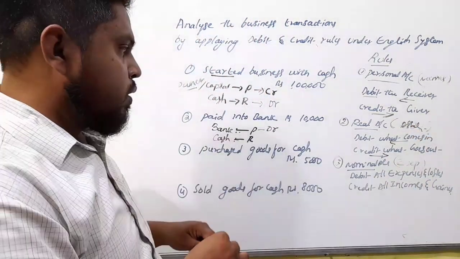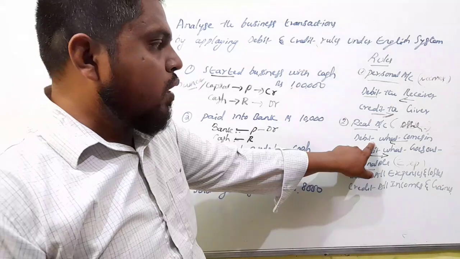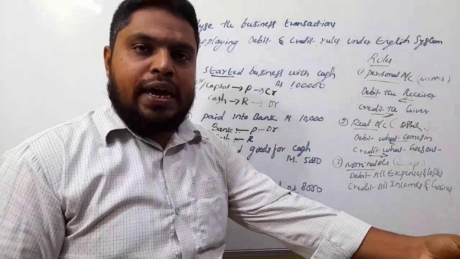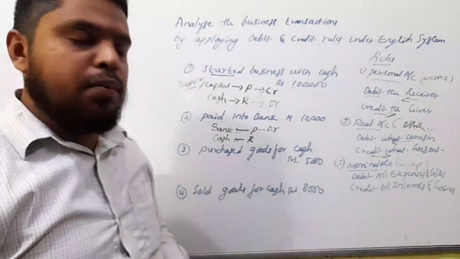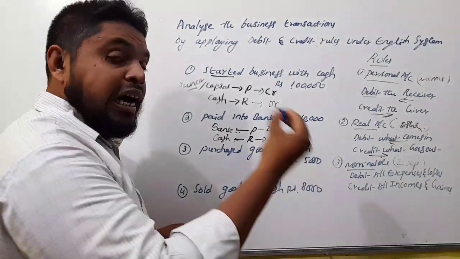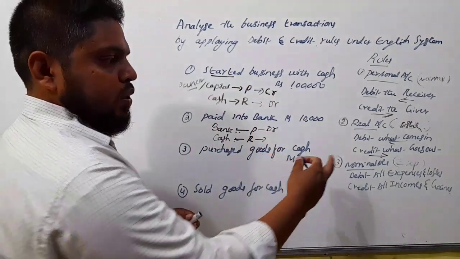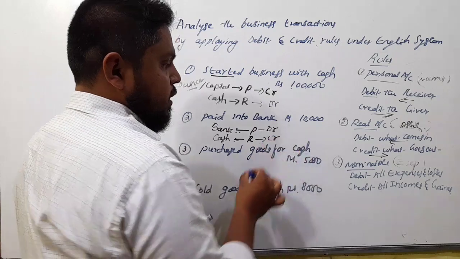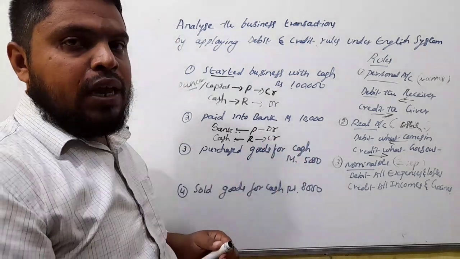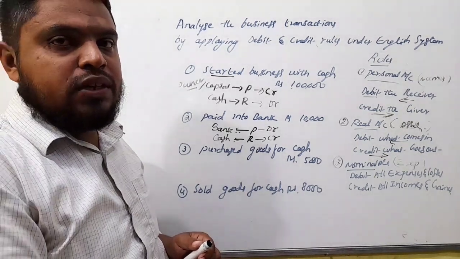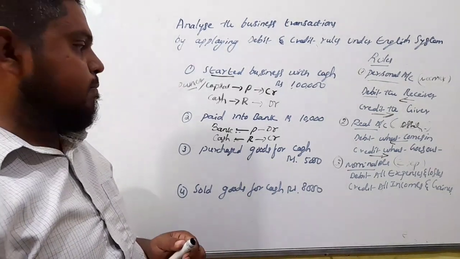The rule is: debit what comes in, credit what goes out. Paid into bank, so cash is going out of the business. Cash is a real account, so credit what goes out. This is the credit side. Paid means cash always goes out of the business.